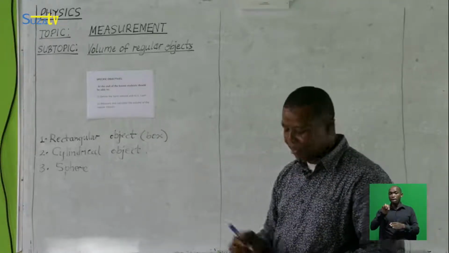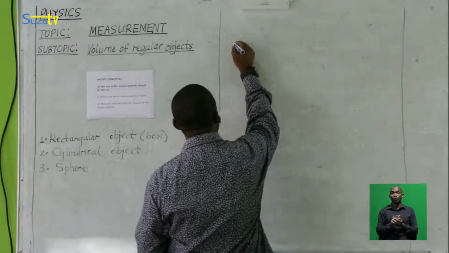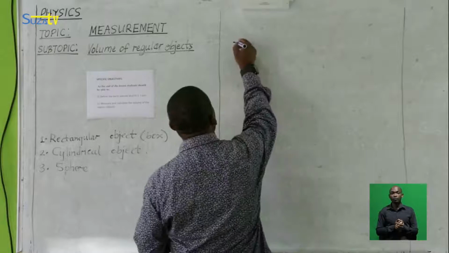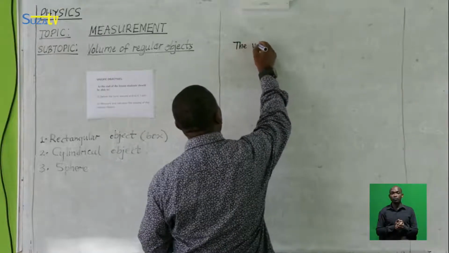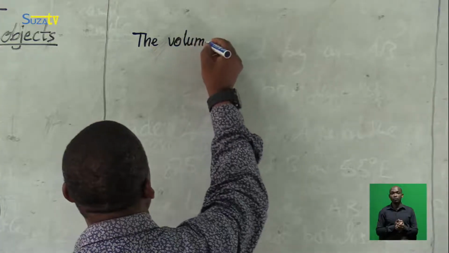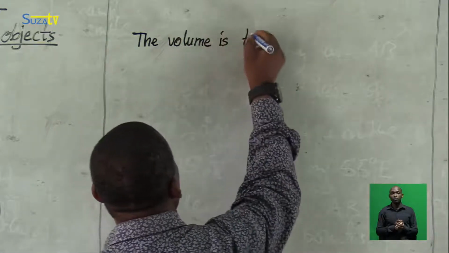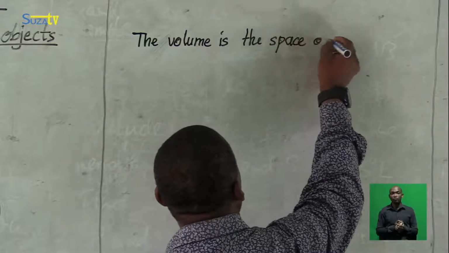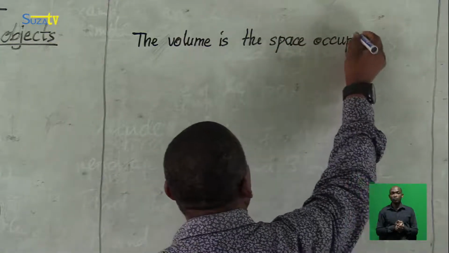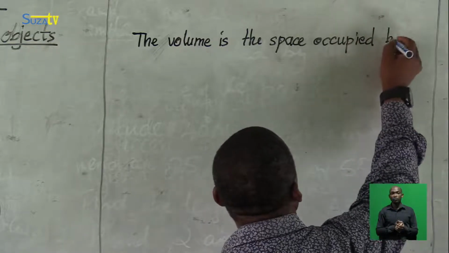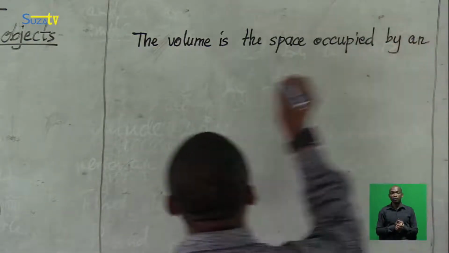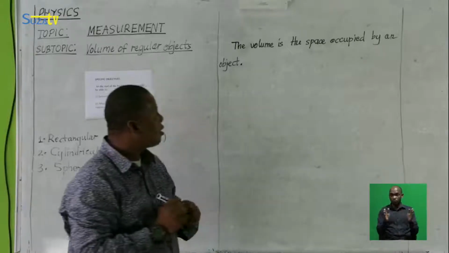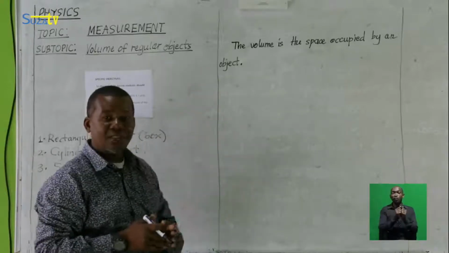So first of all, the volume is the space occupied by an object. Okay, so that is a simple definition of the term volume.